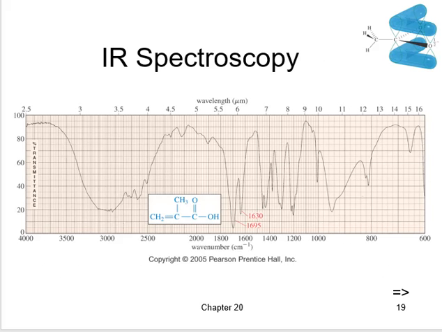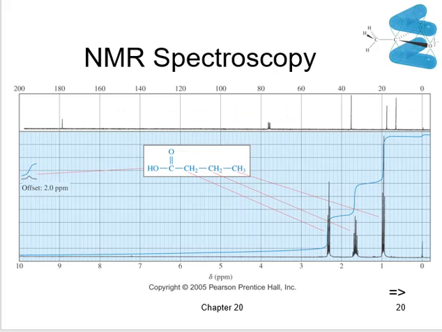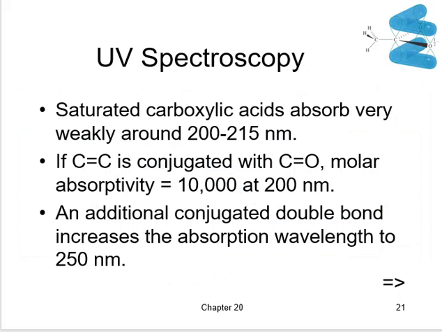Infrared spectroscopy will help us to determine the presence of the carbonyl group as well as the hydroxyl group. NMR spectroscopy also helps us to determine the proton of the carboxylic group. In UV spectroscopy, saturated carboxylic acids absorb very weakly around 200 to 215 nanometers.